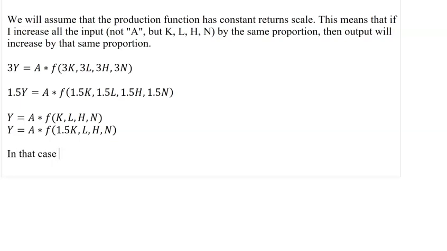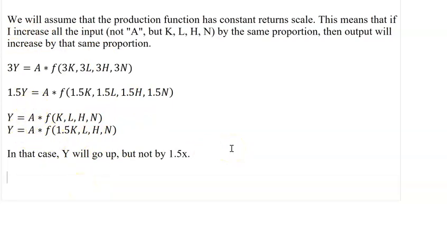In that case, Y will go up, but not by 1.5 times. It will go up by a smaller proportion, less than 1.5 times. So if one of the inputs increases but not all the other inputs, Y will go up, but to a lesser extent.